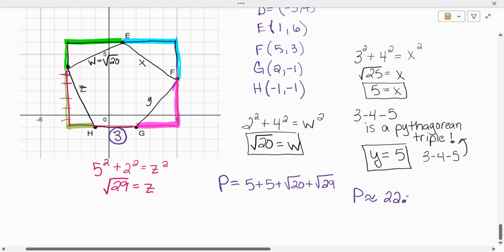Did anybody else get that? And you got 19.8? The square root of 20 is a little bit bigger than 4, and the square root of 29 is a little bit bigger than 5. Yeah, it's going to be 19 something. What did we get? 19.8. I love that. 19.8 units.